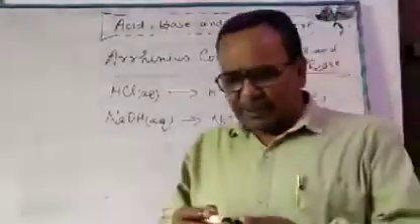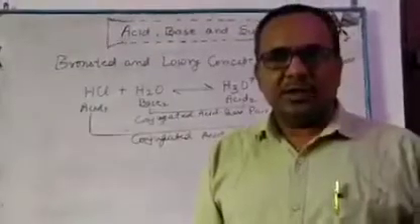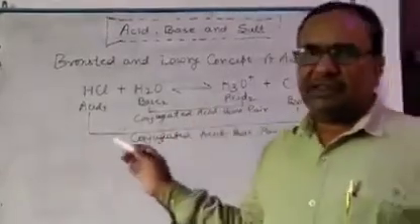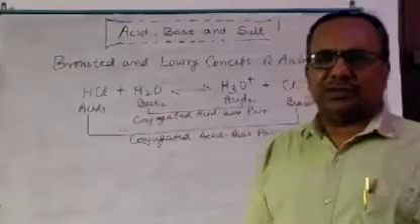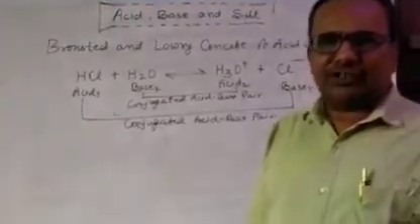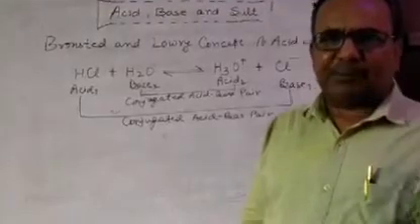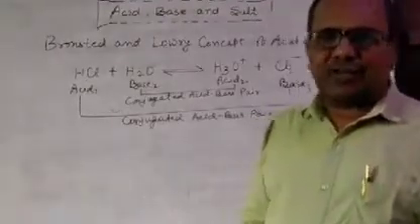Bronsted and Lowry developed a conjugated acid-base pair. Bronsted and Lowry concept clearly indicates acids are those substances which produce proton, and bases are those substances which accept proton. Proton, that is H plus ion, is known as proton.